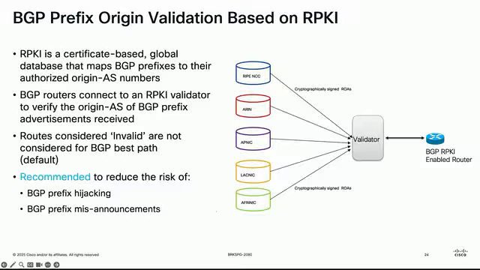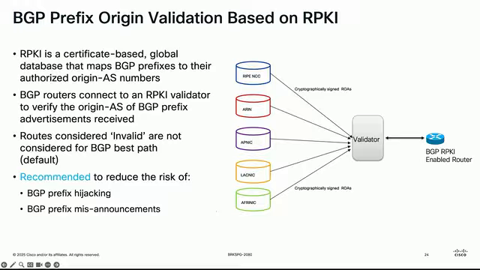Now, these regional entities issue IP addresses and AS numbers to you. So as a prefix owner or AS owner, you have to go and update these databases. For example, if you received IP addresses from APNIC, you go to the APNIC portal, and you simply specify, hey, this is my prefix, I'm going to advertise it, and I'm going to advertise it with this AS number.